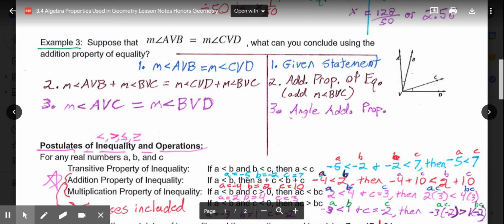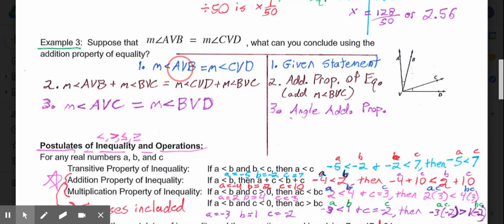Example 3 says, suppose that the measure of angle AVB equals the measure of angle CVD. What can we conclude using the addition property of equality? We first know the measure of AVB equals the measure of CVD. That was just a given statement.